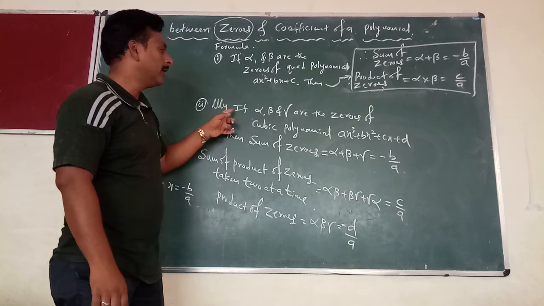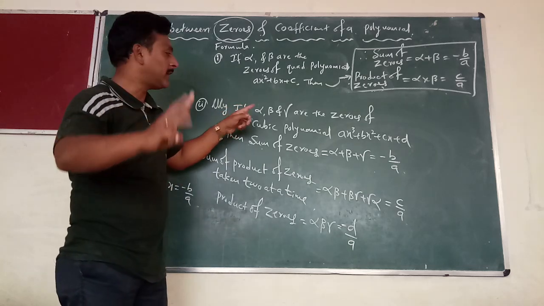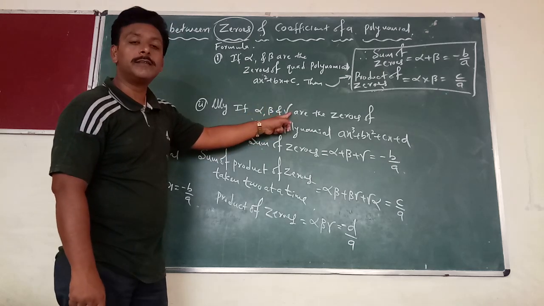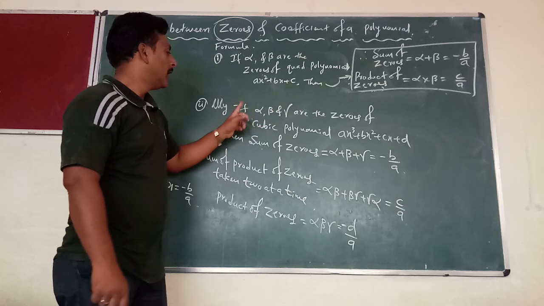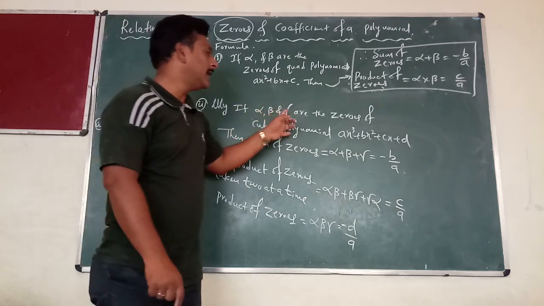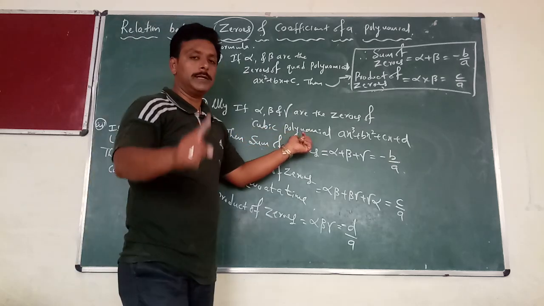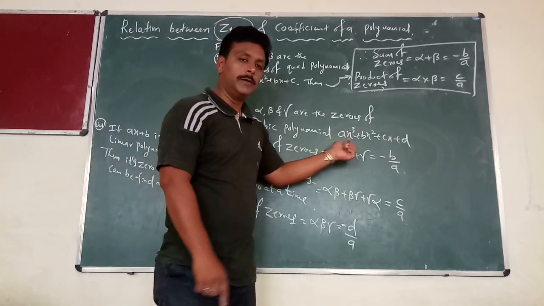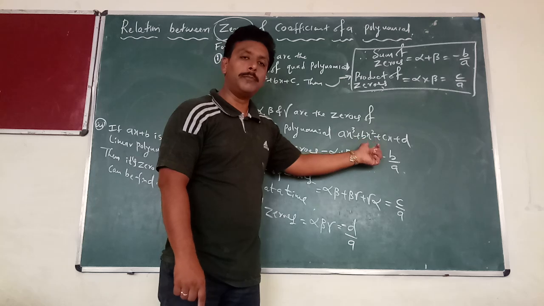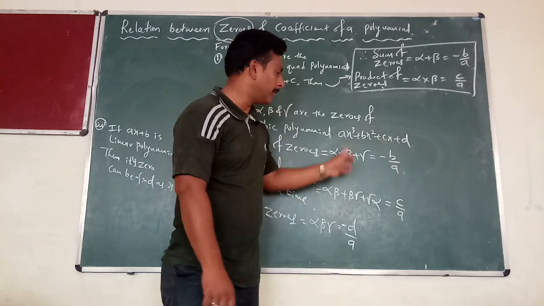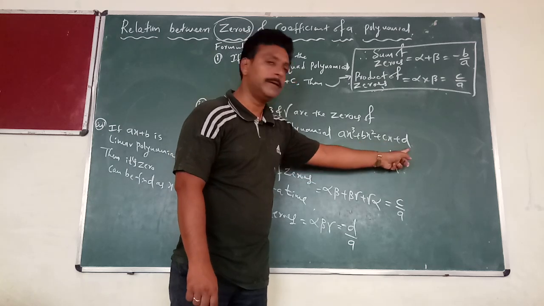Therefore, I have taken 3 zeros as alpha, beta and gamma. If alpha, beta and gamma are the zeros of a cubic polynomial, whose general form you know, ax cube plus bx square plus cx plus d. This is the general form, a, b, c, d.